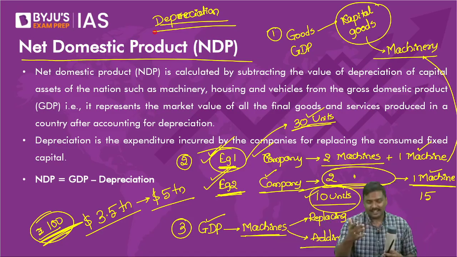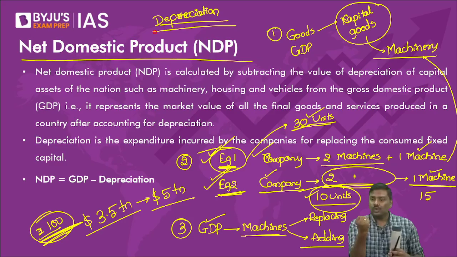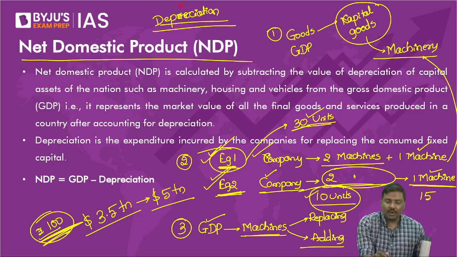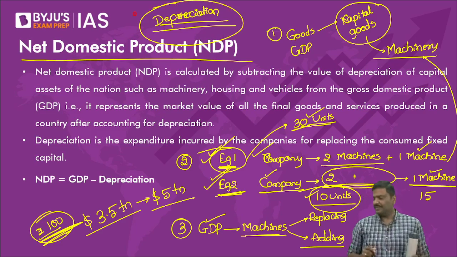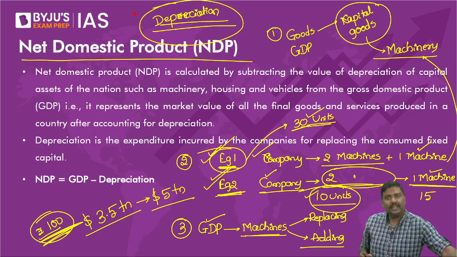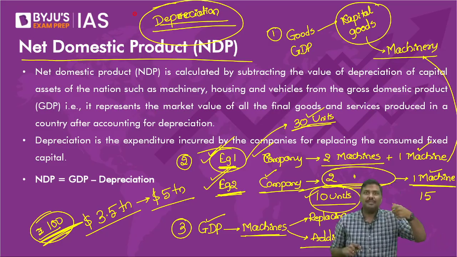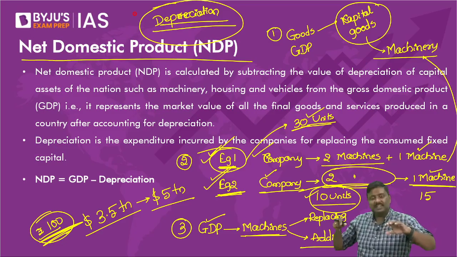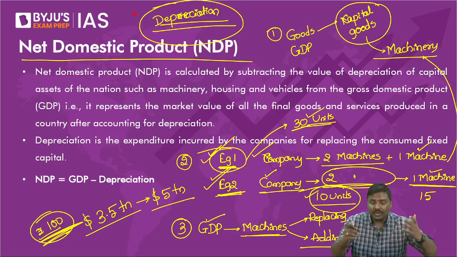Now please understand this. The money that you spend, the value to replace old machinery with new machinery, is called depreciation. How much money you spend to replace the old machine with a new machine, that is the worn out capital.